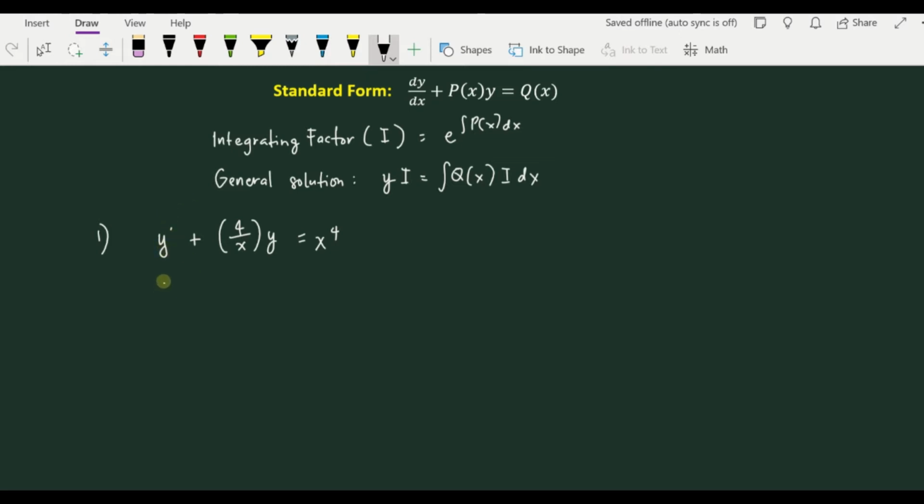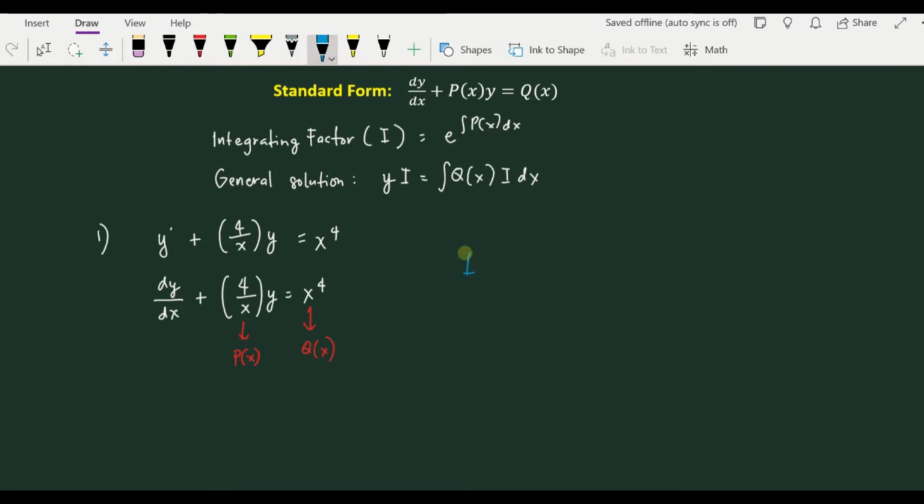Because y prime can be written as dy over dx plus 4 over x times y equals x to the 4th. So as you can see, this is our p of x, the coefficient of y, and this is q of x.